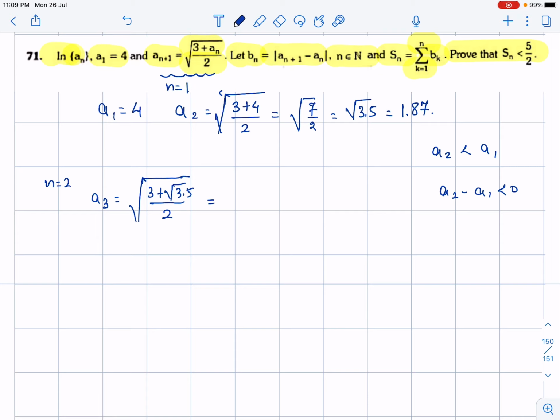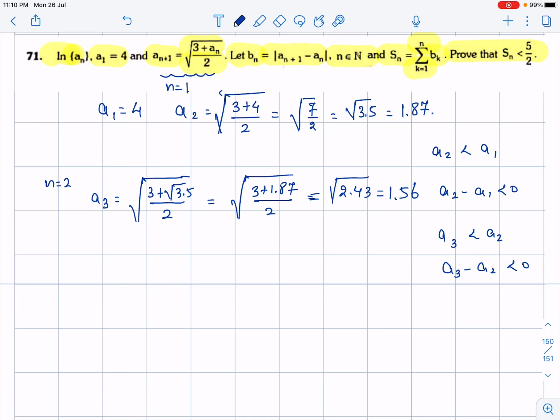So we'll get square root of 3.187 divided by 2, and that will be becoming square root of 2.43. And the value of that will be becoming 1.56. One more thing we can observe over here, my dear students, that a3 is smaller than a2. That means a3 minus a2 will be lesser than 0.